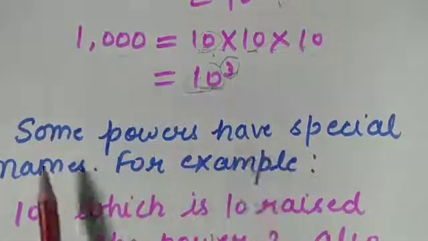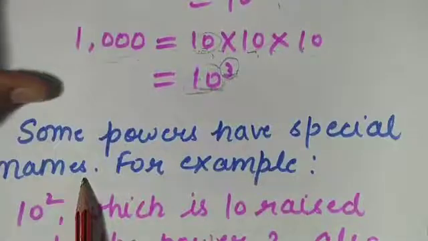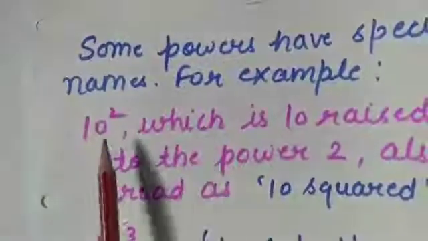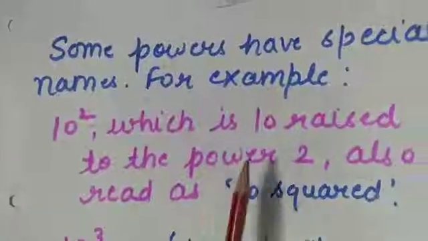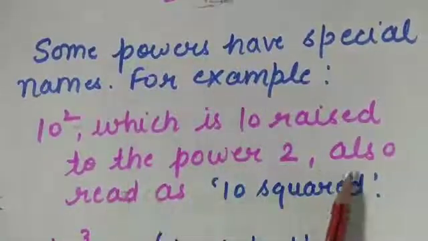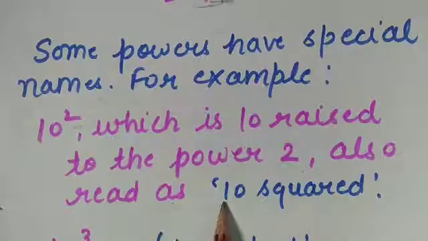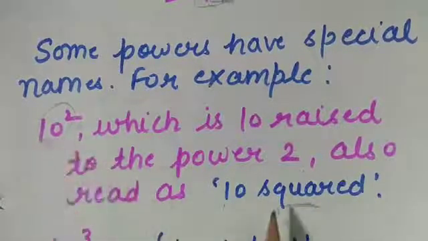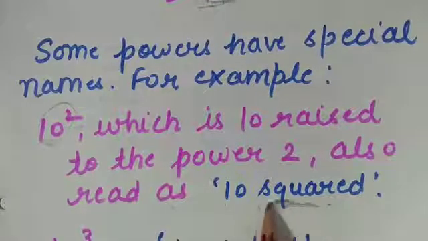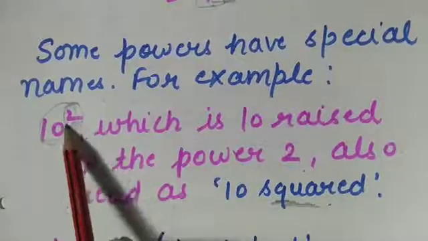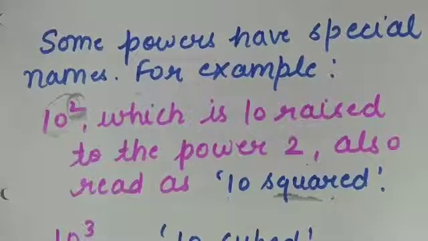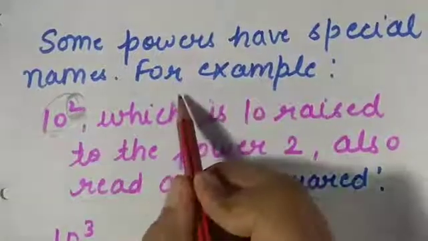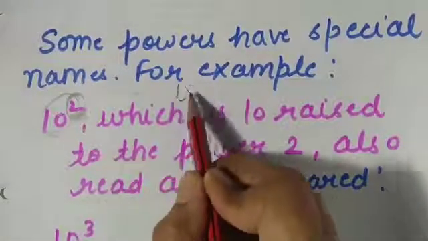So some powers have special names. For example, 10 raised to the power 2 is also read as 10 squared. This is a special case, 10 squared. Square means to the power 2. You might have learned how to find the area of a rectangle: length into breadth.